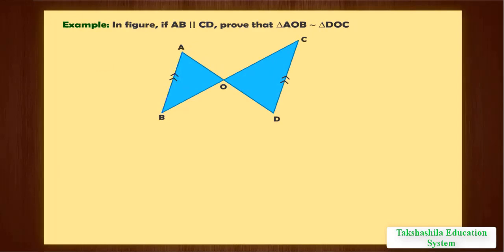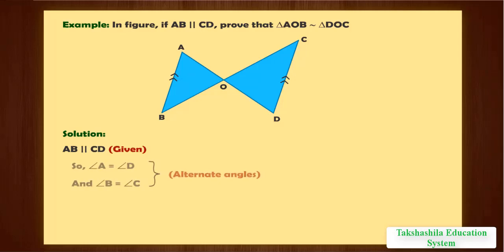Let us take an example for better understanding of this theorem. In the figure, if AB is parallel to CD, prove that triangle AOB is similar to triangle DOC. Let us prove it. We are given that AB is parallel to CD.